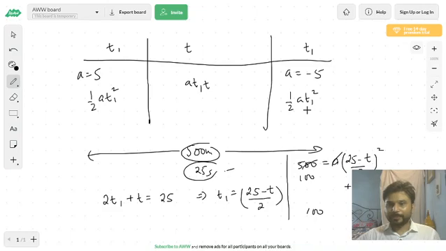So that means 100 is equal to, taking (25 minus t) by 2 as common, (25 minus t) by 2 into ((25 minus t) by 2 plus t).